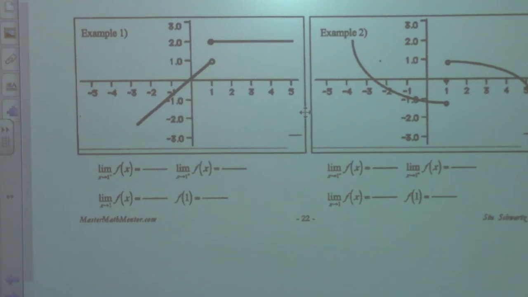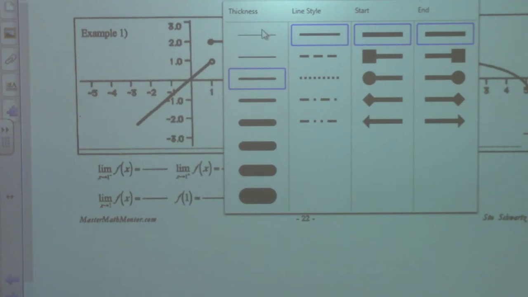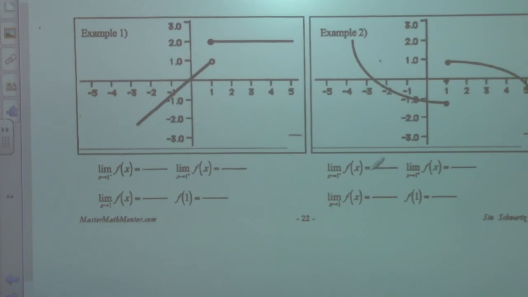So first, we have the limit as x approaches 1 from the left side, and what's the value of that limit going to be from the left side?